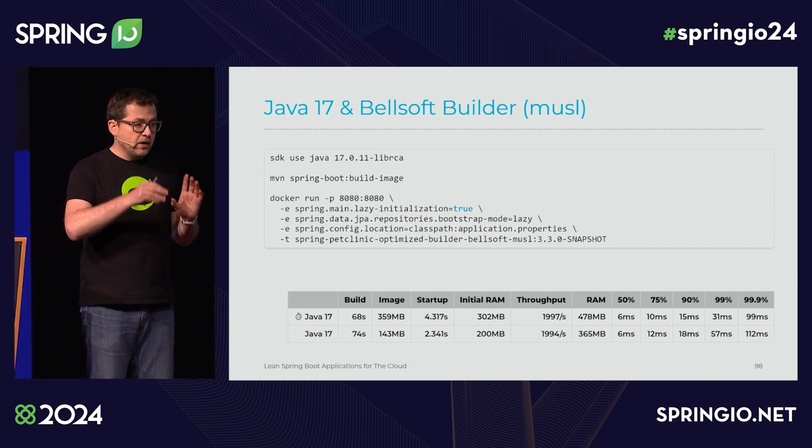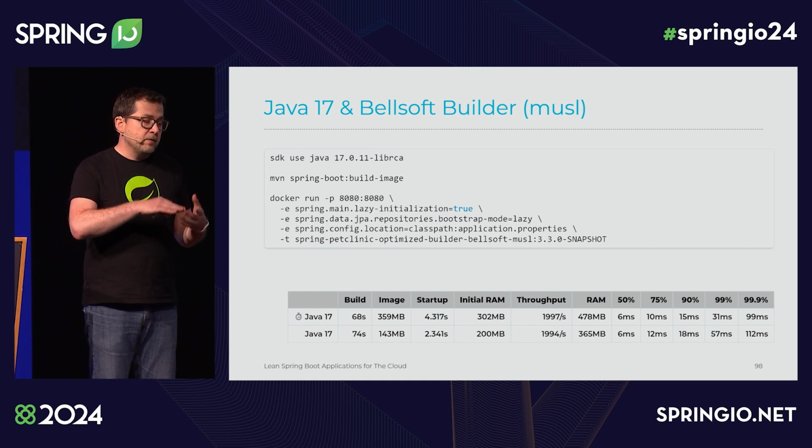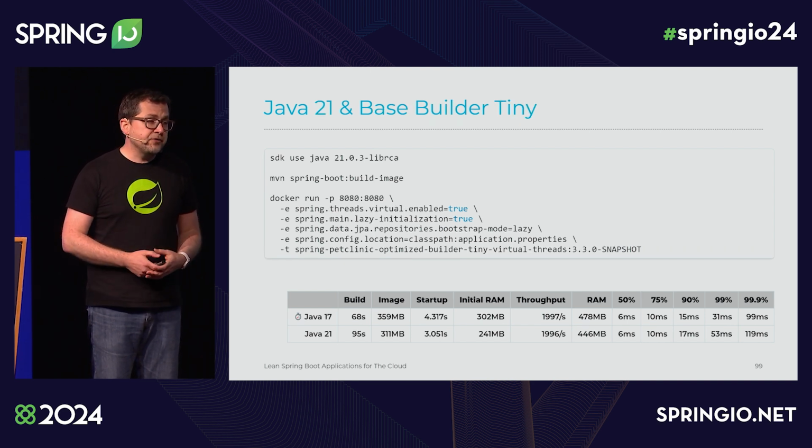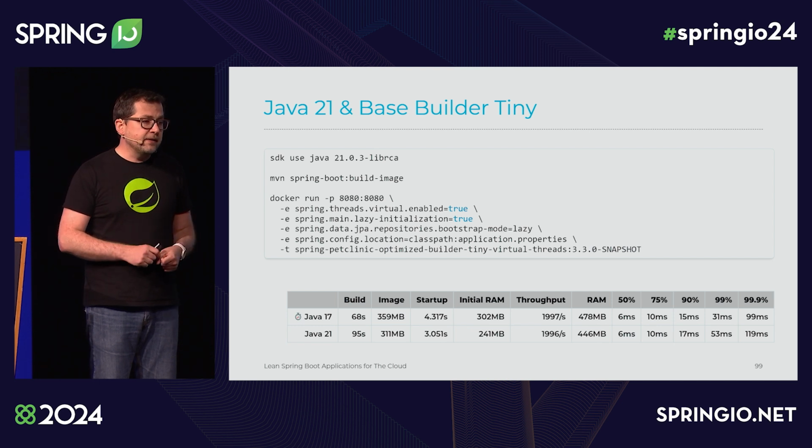So running on a very tiny run image with Alpaquita in there, you have half of the startup time, you reduce the memory consumption by a third, and your numbers are really comparable, right? Then on the other hand, with Java 21, it's slightly different.